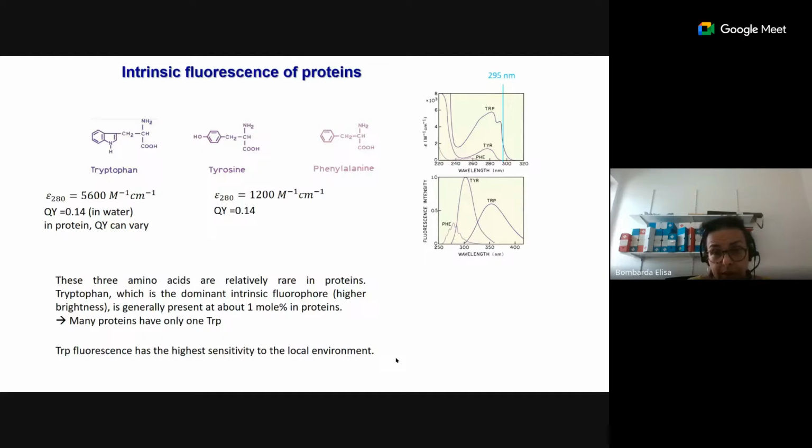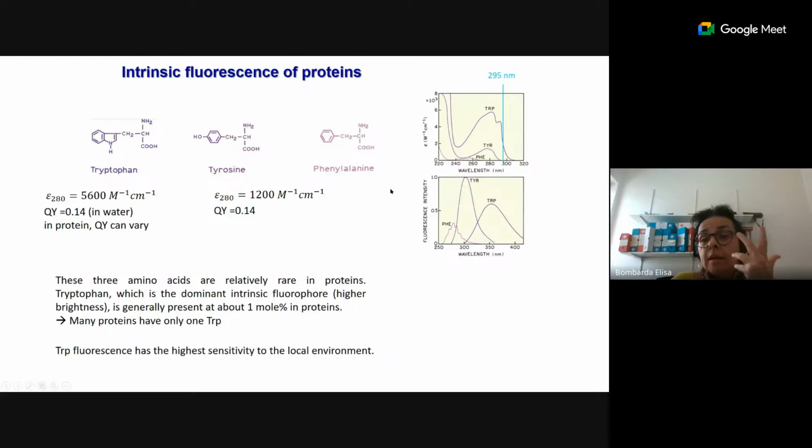So let me give a short overview again, specifically about intrinsic fluorescence of proteins. We cited it along our talks already, but now just remind the important aspect.